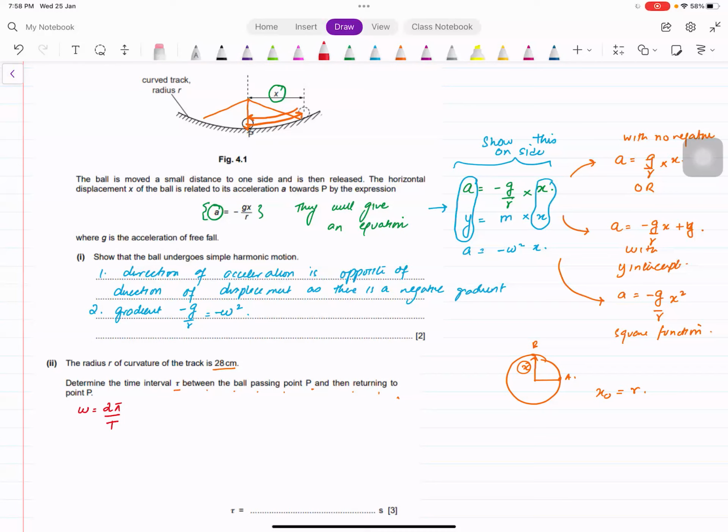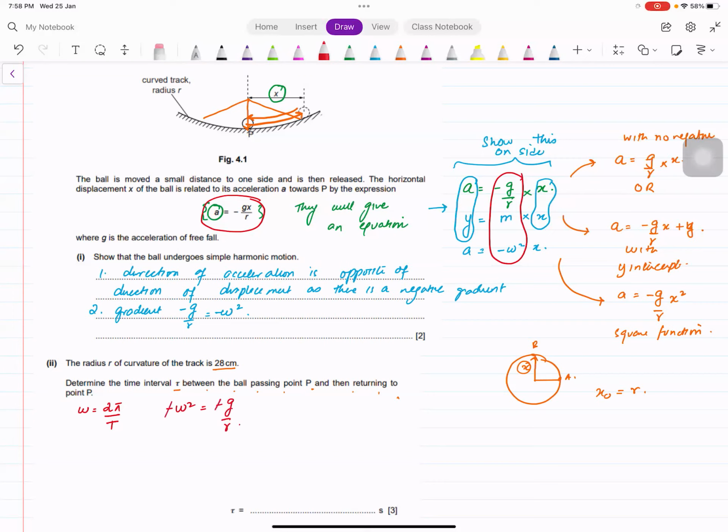Now check the equation right here. Can you locate omega in this equation? Anyone? G over R, this one, right? You agree? Which means I can say negative omega squared is equal to minus G upon R.